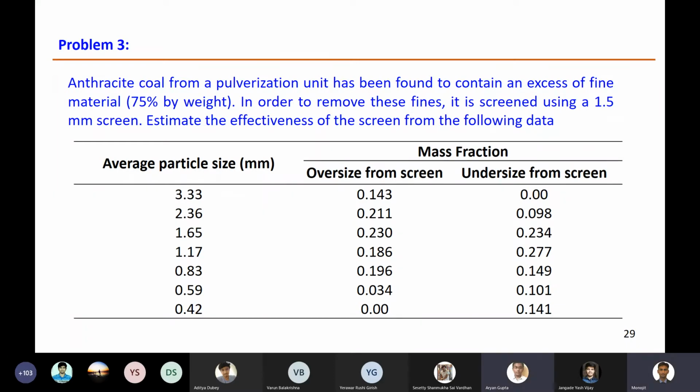So we can calculate YP as 0.143 plus 0.211 plus 0.230. And then you wanted the YP corresponding to particle size 1.5, right? Yes, sir. 1.5 is not here in this table.